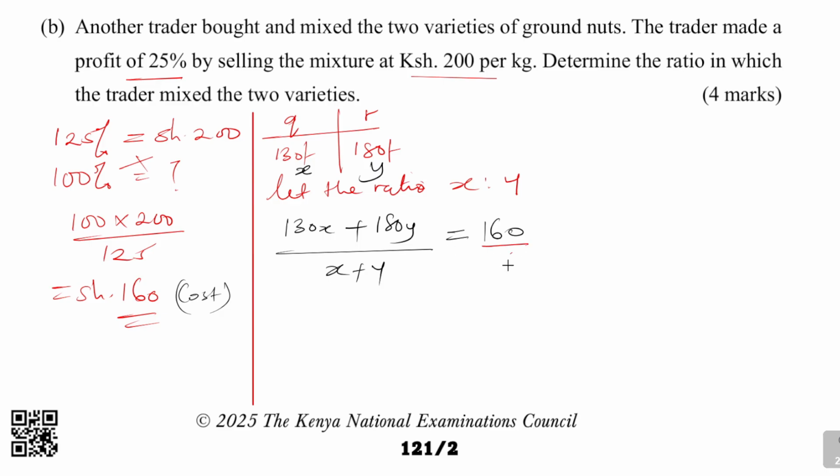So from here, we can simply cross multiply. You can put this over 1 and then cross multiply, so that you get 130x plus 180y is equal to 160x plus 160y.